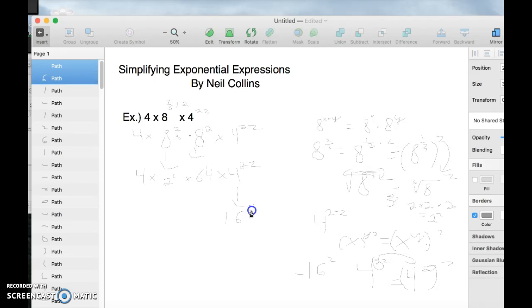We're going to rearrange these terms just to make it easier to simplify later on in the problem. So we're going to put the constants together, 4 times 64, and yeah, that was supposed to be 2 to the z.